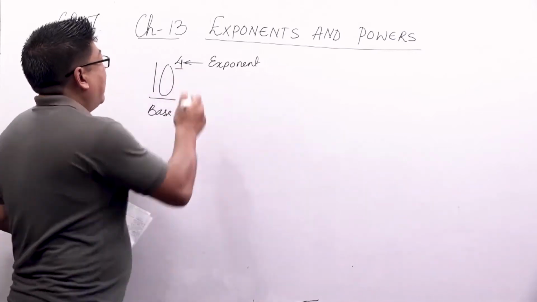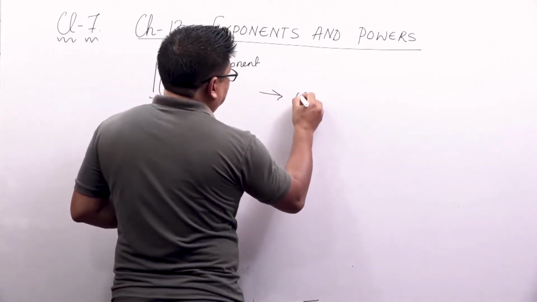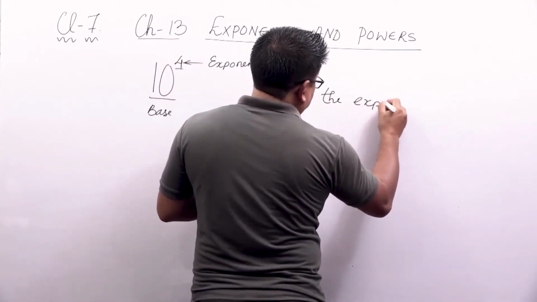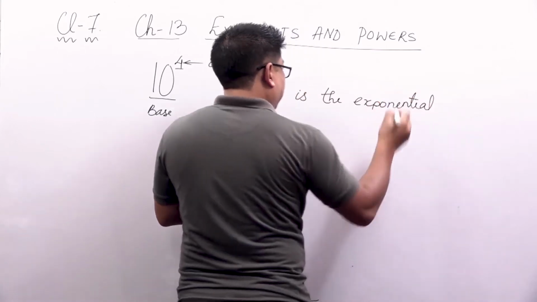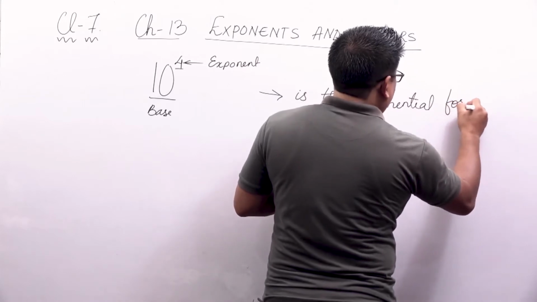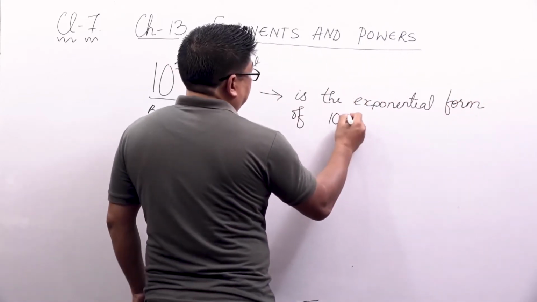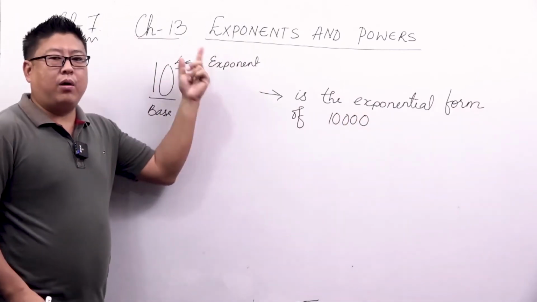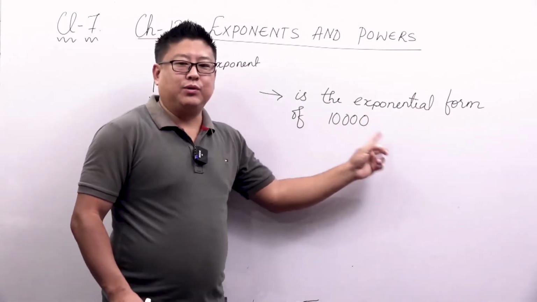We can also say that 10 to the power 4 is the exponential form of 10,000.